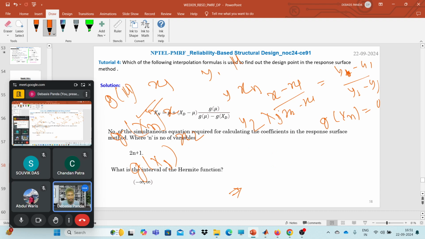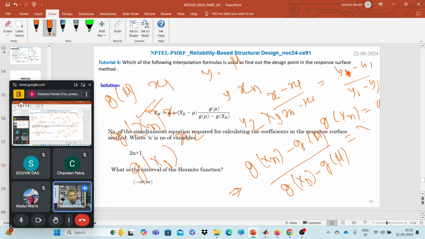Let's say x minus x1, that means x is g of xn minus g of mu, divided by x2 minus x1, where x2 is g of xd minus g of mu, is equal to, on the other side, y minus y1, that means xn minus mu divided by xd minus mu.